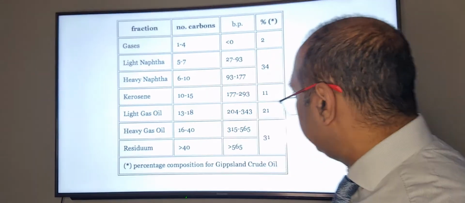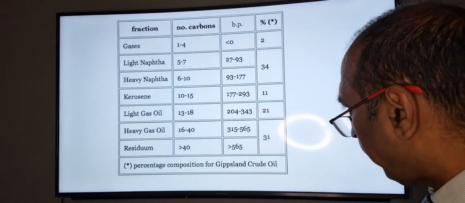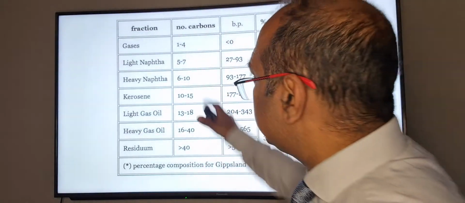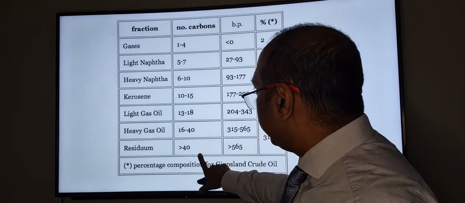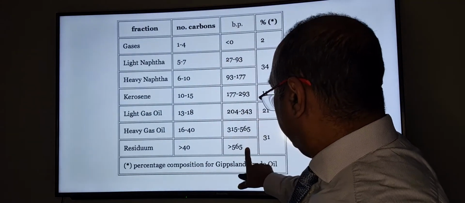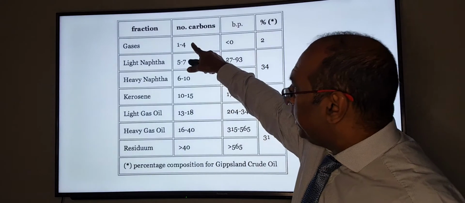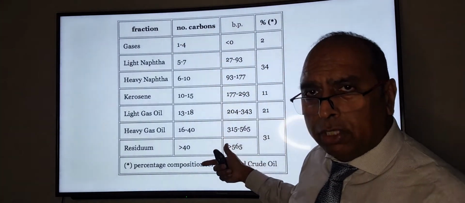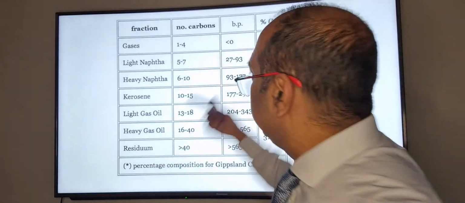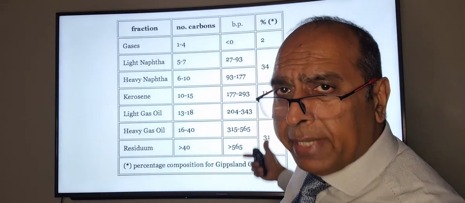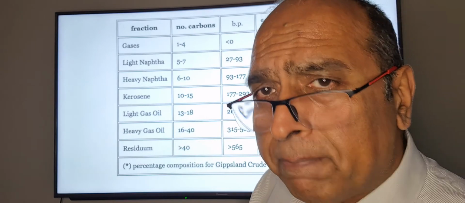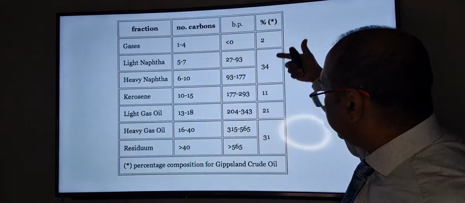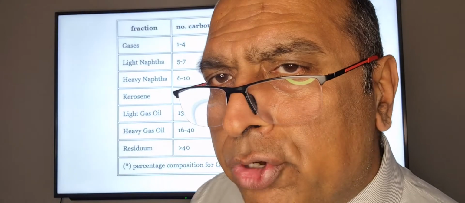How about demand? Well, no, this isn't about demand. This is about how many carbon atoms and boiling point. As the carbon atoms get longer and longer, then the boiling points get bigger and bigger. Bigger molecules, the boiling points get bigger. And if you look at percentages, that will be one crude oil.